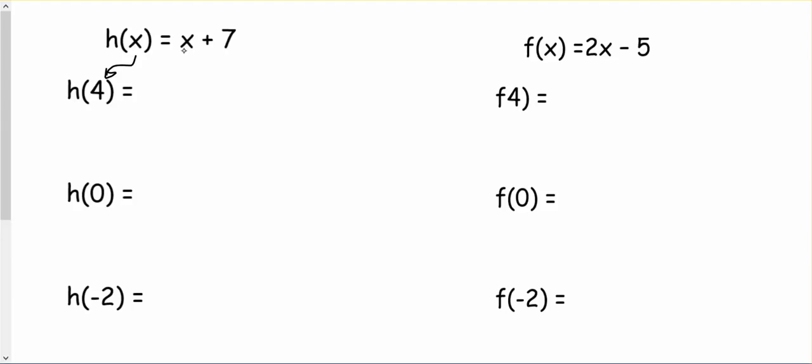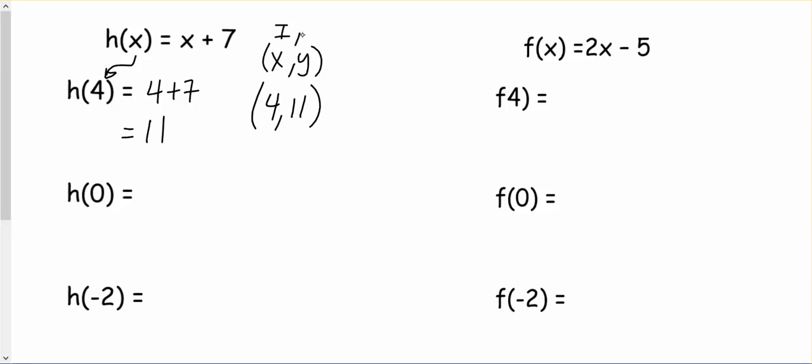So we'd say 4 plus 7, and the value of my function when x is 4 is 11. So that makes the input-output the point 4, 11. X and y, or inputs and outputs, or domains and ranges.